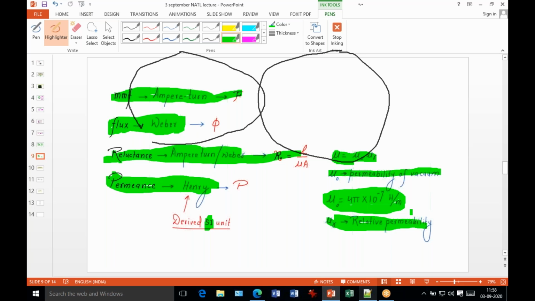So that is a small similarity between electrical and magnetic circuits. You also understand some parameters: what is MMF, what is magnetic flux density, what is the reluctance, and what is the flux. That is a small introduction to magnetic circuits.